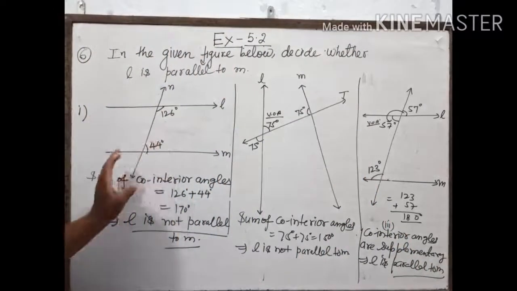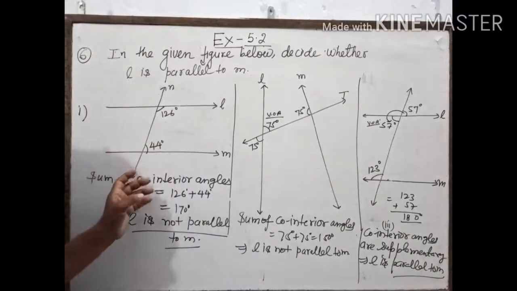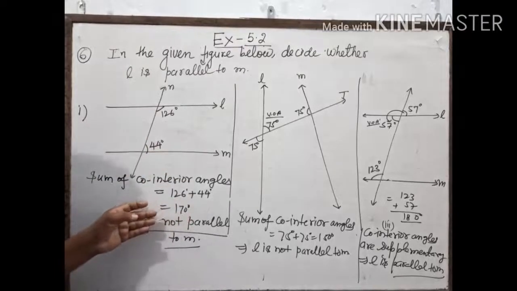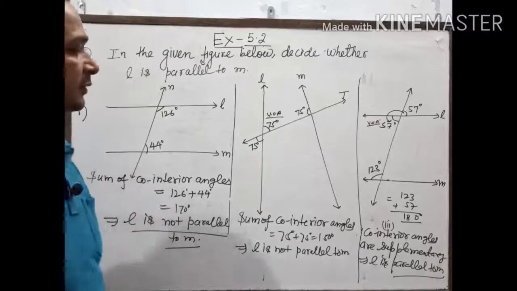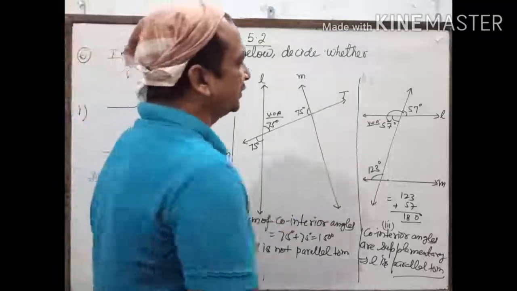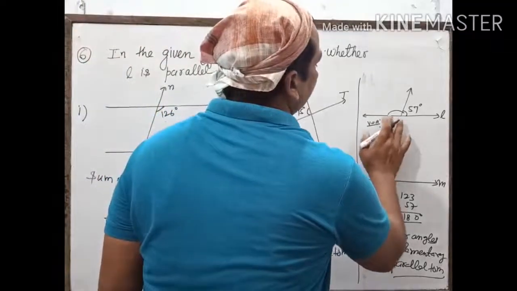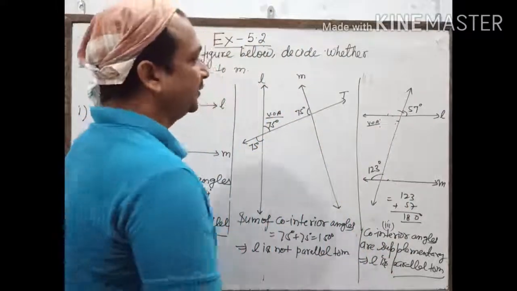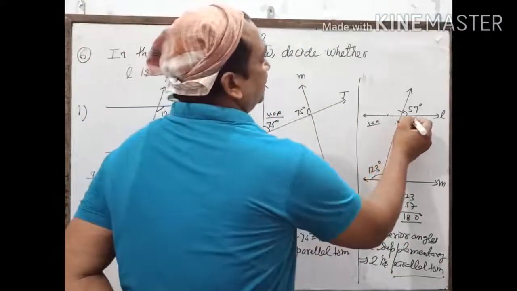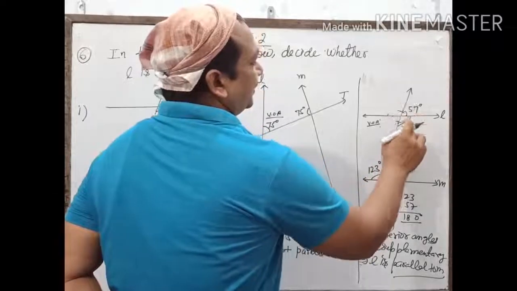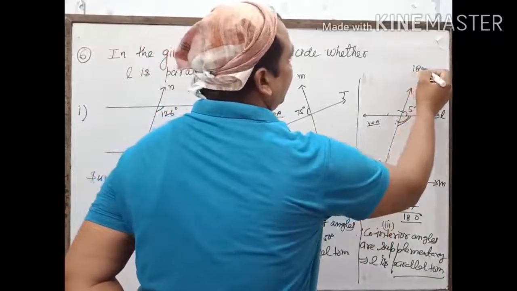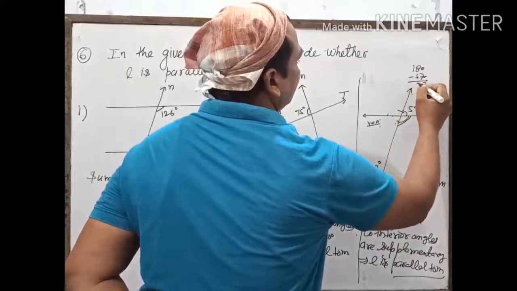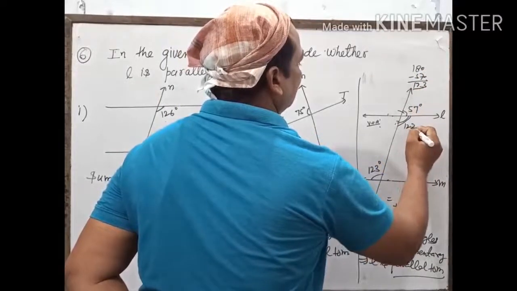These questions can be solved by using other properties like corresponding angles and alternate interior angles. Let us see in this question, if we want to solve this by using another property, if we find this angle by linear pair, then 180 degrees minus 57 is 123.